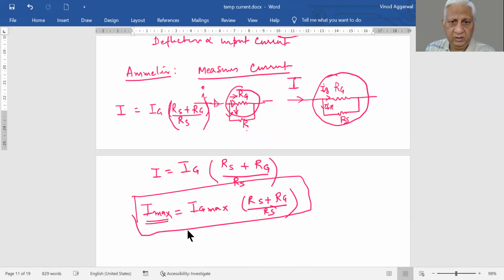Then you are given Rg, and asked to find what shunt resistance should be used, given that the galvanometer can withstand only up to this much current. Through this relationship, you can find the resistance of the shunt. Or if Rg and Rs are given, you can find the maximum current that this galvanometer can be converted to measure.